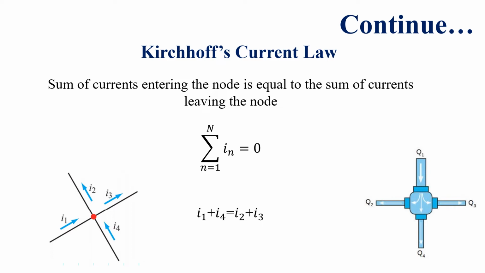If we take the example of water flowing through pipes for understanding Kirchhoff's current law, then in this diagram on the right hand side of this slide we have 4 pipes.